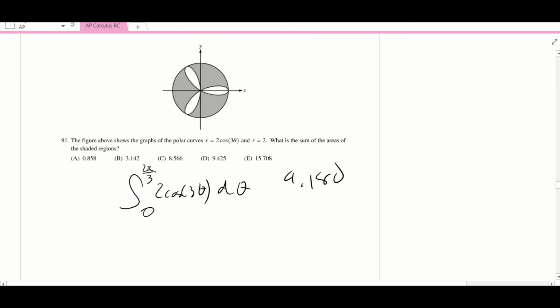So I can try the second way, which is just integrating from 0 to 2 pi of this value. And remember to put your calculators in radians.